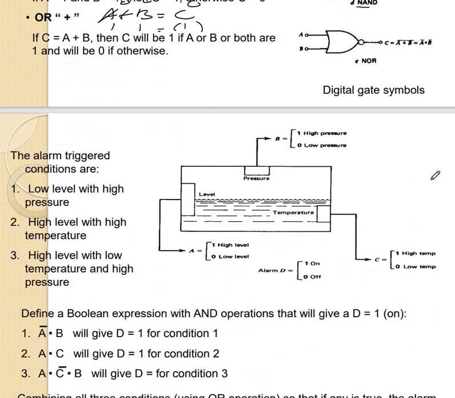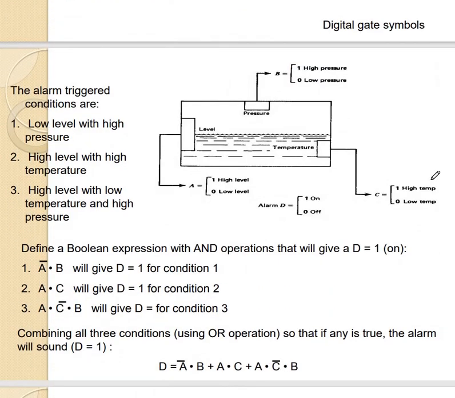Okay, now I show you one example of the relationship between this digital gate and the control system. Now we have a tank. Inside this tank we have a level, pressure and also temperature.